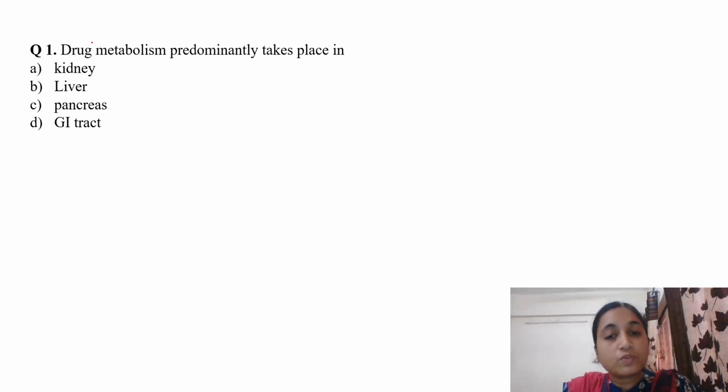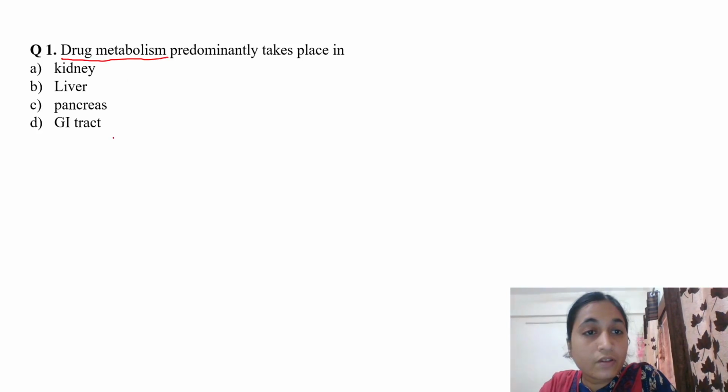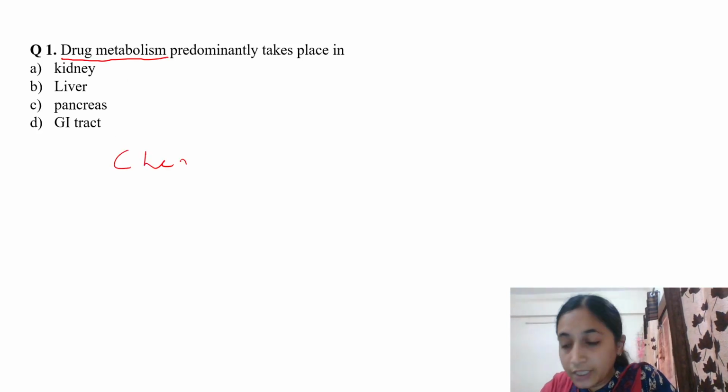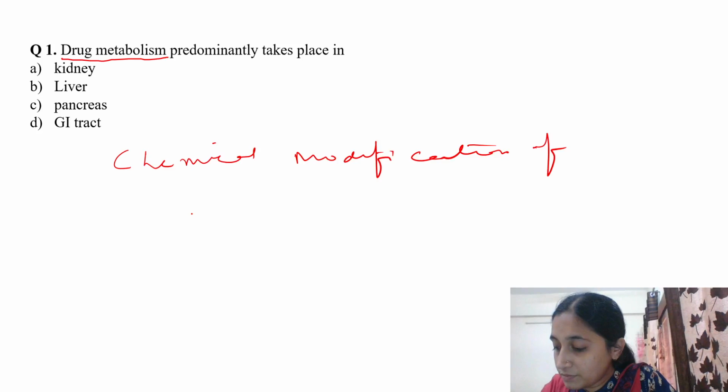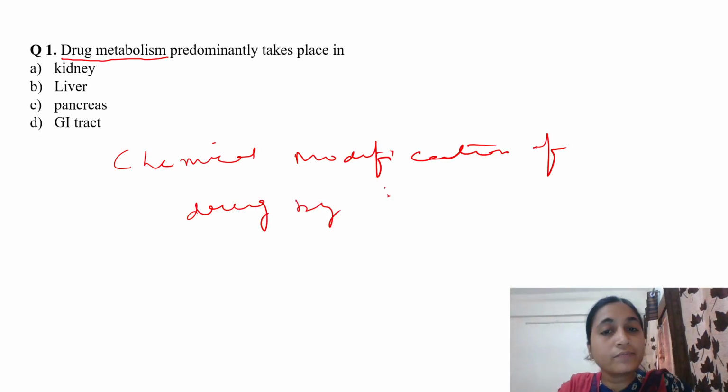So first we will learn what is drug metabolism. Drug metabolism is the chemical modification of a drug by biological enzymes to aid its excretion by increasing its hydrophilicity.